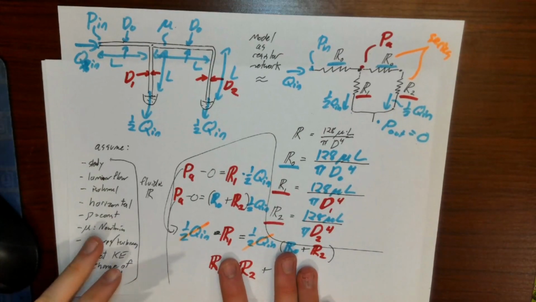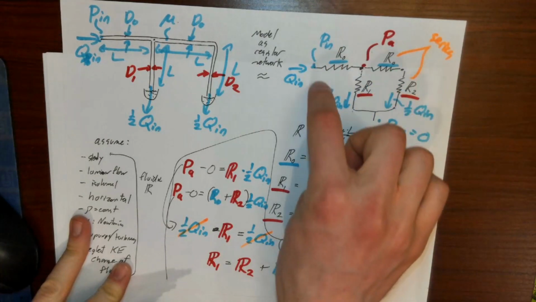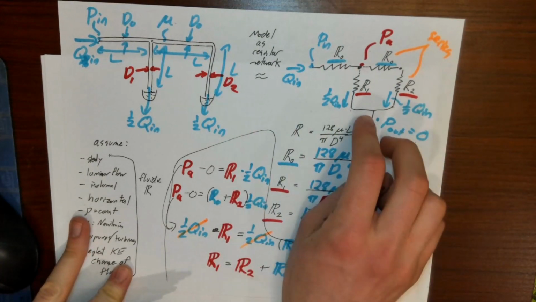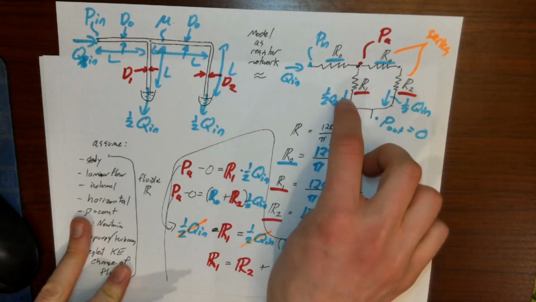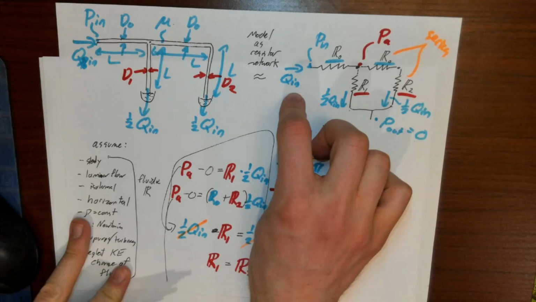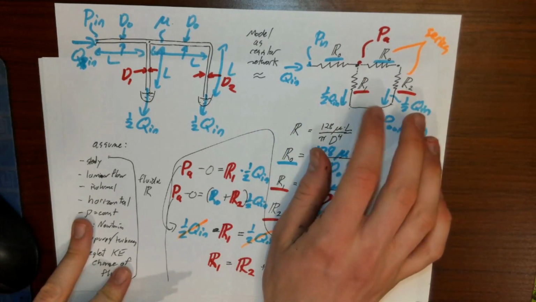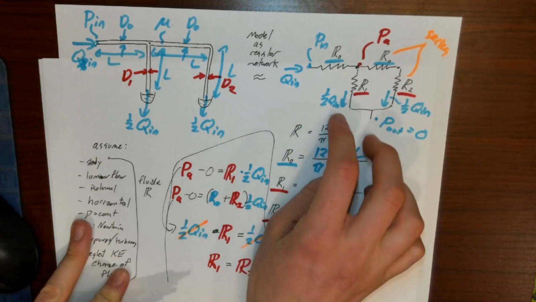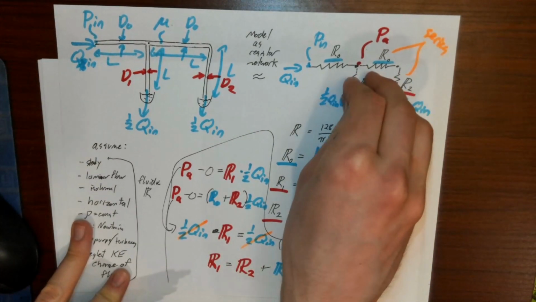So what's the plan for doing that? If I could take this entire circuit and replace it with some equivalent resistance for the entire circuit, then I could say Pn and Qn relate to the equivalent resistance for this entire circuit. And that equivalent resistance would have R1 and R2 built into it.